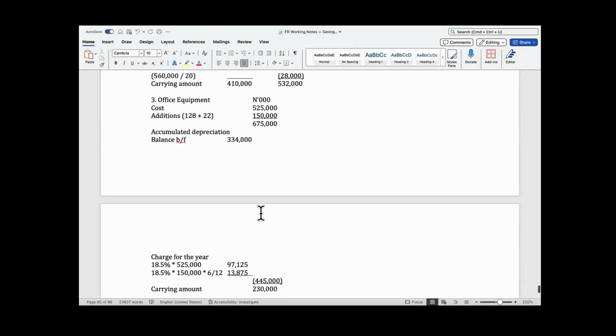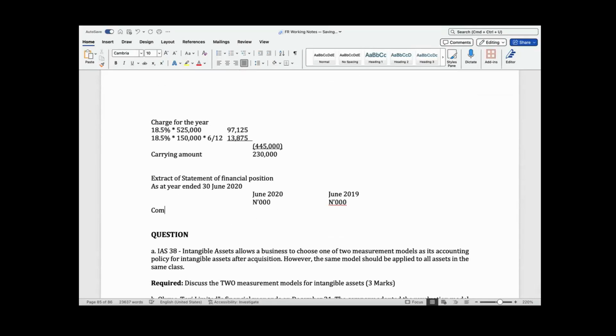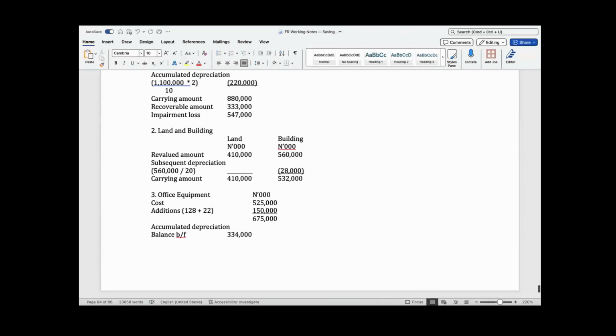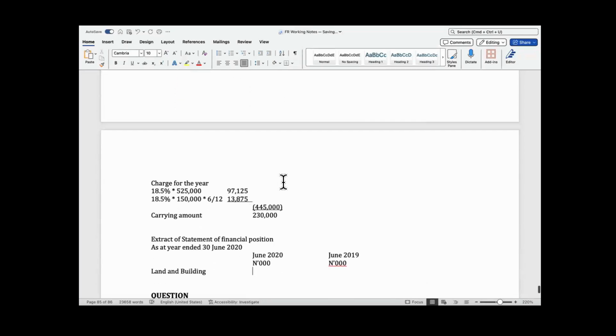Let me start with PPE. Land and building. In 2020, land and building should be how much? That's 230.